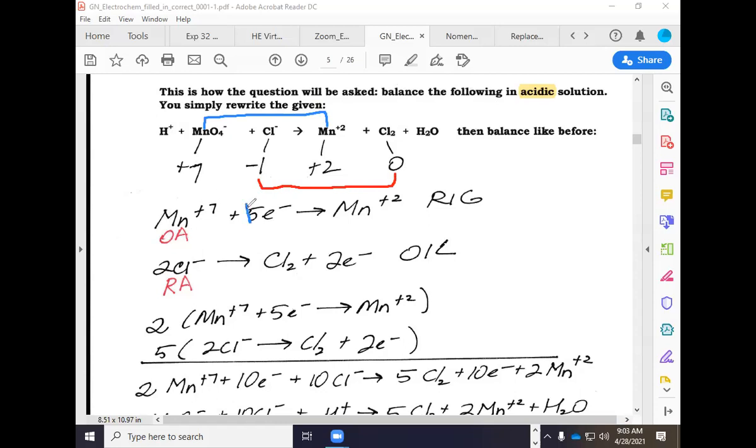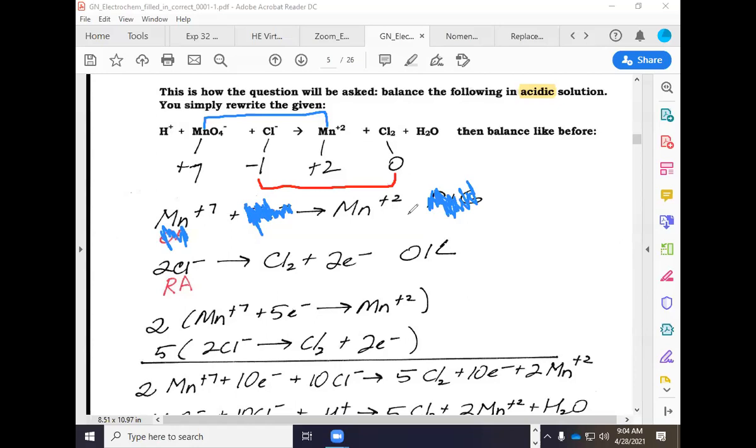Okay, so let's go through the process. Let's work this out. We would not have this, and we wouldn't know this yet. Okay, so we would know we have a +7 and a +2.